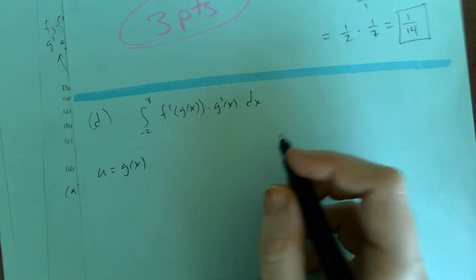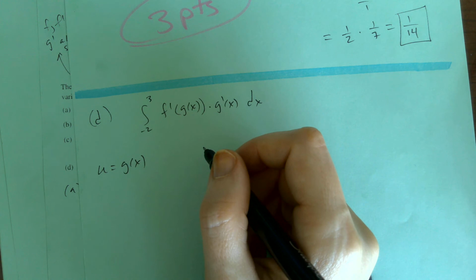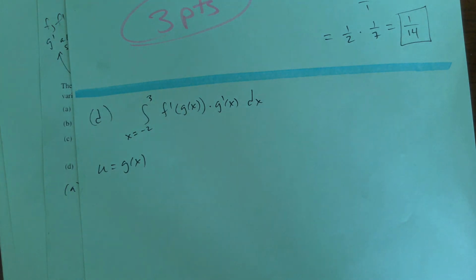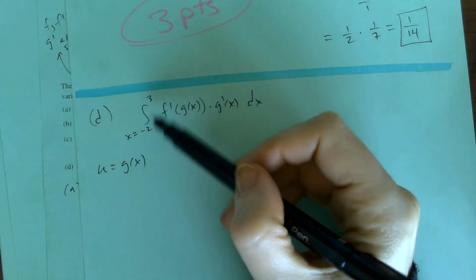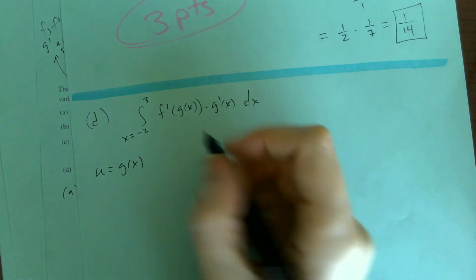All right, and when I do that, right now these are x values. And guys, when you do u substitution on a definite integral, which has numbers on the ends of the integral sign, you should change the endpoints first.